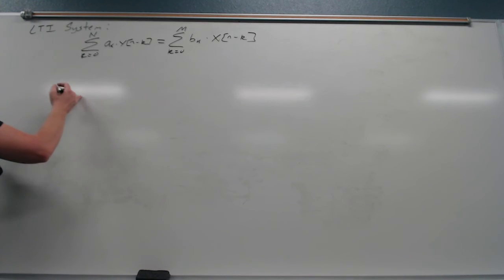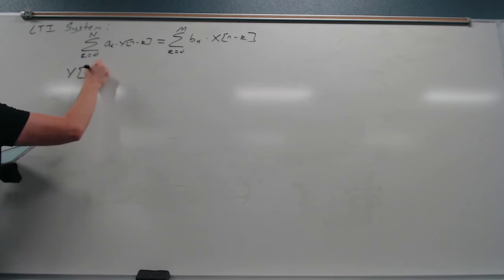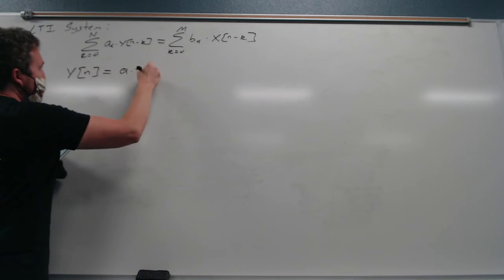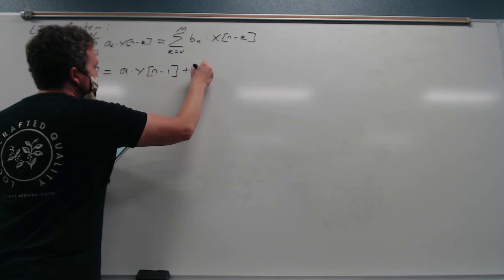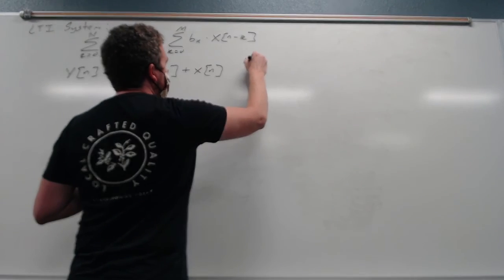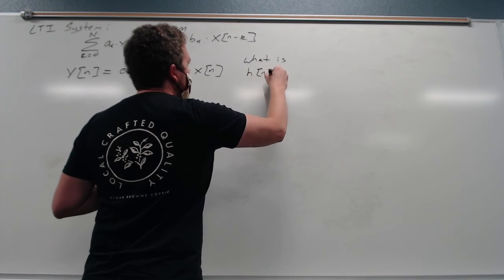So as an example, let's say that we have y of n is equal to constant a times y of n minus 1 plus x of n. And you're asked, what is h of n?